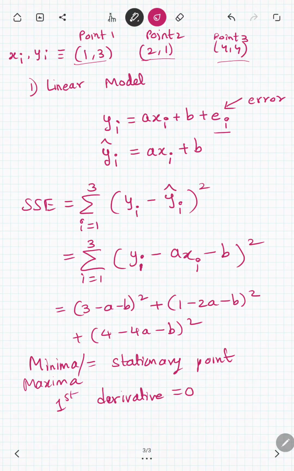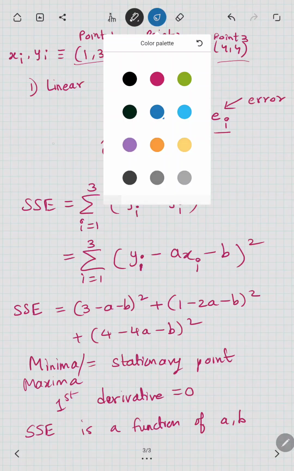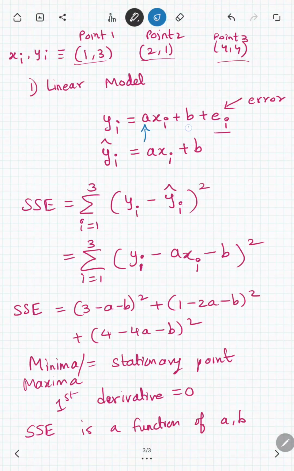Okay, and because there are two variables over here, if you consider sum of squared errors as a function, can you say that sum of squared errors is a function of a and b? Because depending on what coefficients you choose, the error will change accordingly. Depending on the coefficients a and b that we choose in the model, accordingly the sum of squared errors will change.